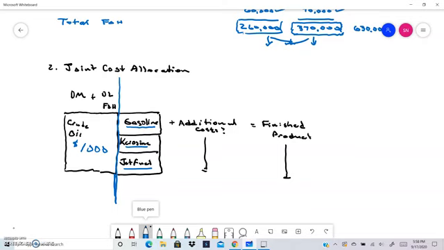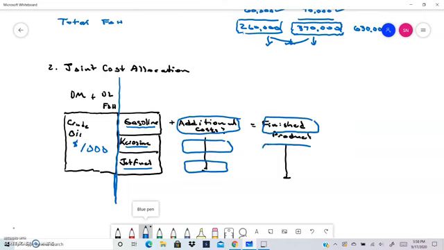Once the product is identified, then if there are additional costs, then it's easy to add those costs in specific to those products to come up with a final finished cost for each product.